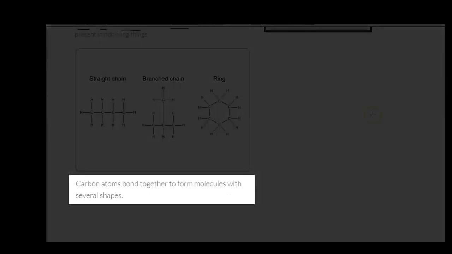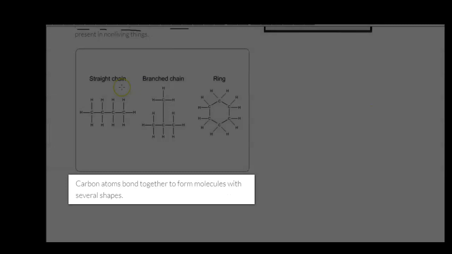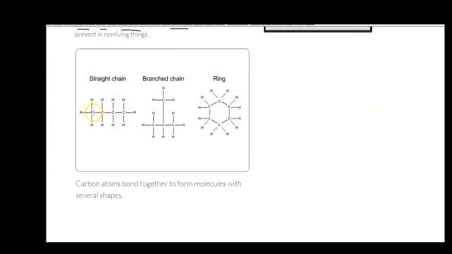So carbon atoms bond together to form molecules with several shapes. You can see carbon, carbon, carbon, carbon, and then all of those carbons have hydrogens attached to them. So this is a straight chain carbon. You can have carbon chains that branch. So we have this backbone of 3 carbons here with a carbon branching off. You can form ring structures with carbon.